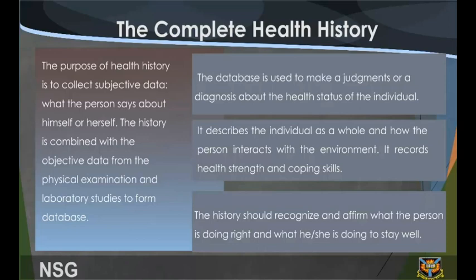The database is used to make a judgment or a diagnosis about the health status of the individual. It describes the individual as a whole and how the person interacts with the environment. It records health strengths and coping skills. The history should recognize and affirm what the person is doing right and what he or she is doing to stay well.